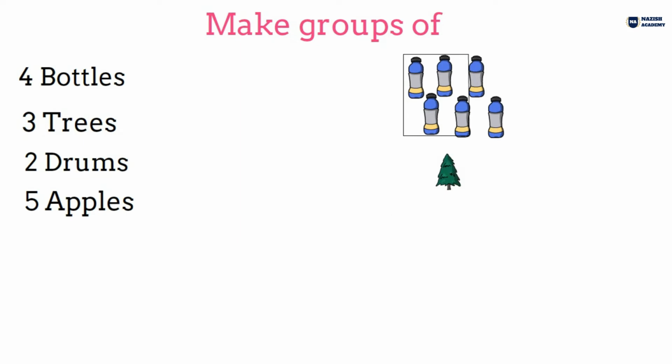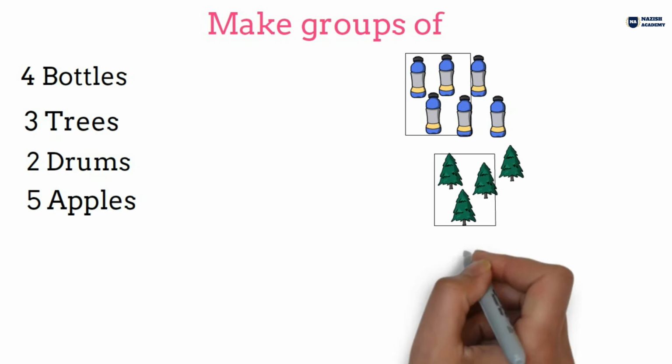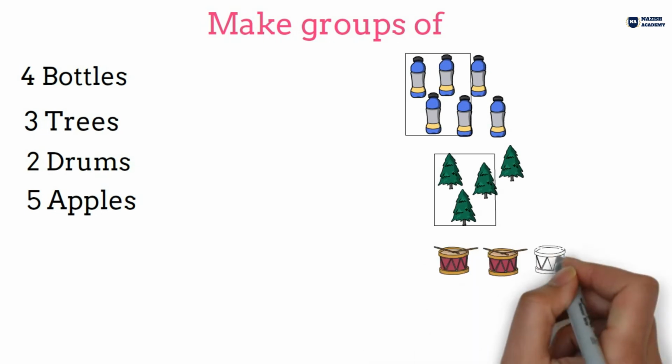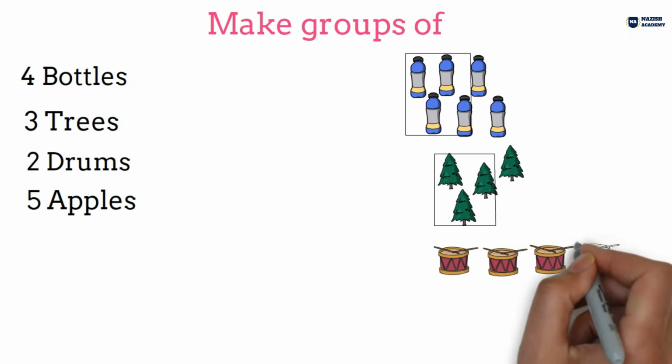1 tree, 2 trees, 3 trees, 4 trees. We have to make groups of 3 trees. Yes, 1 and 2, 3 trees. 1 drum, 2 drums, 3 drums, and 4 drums.